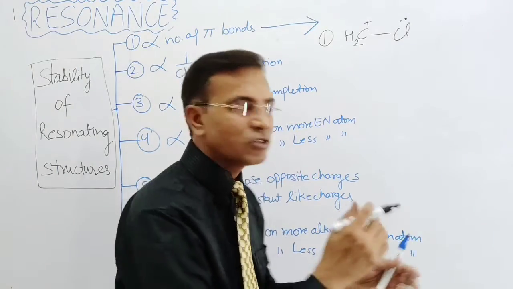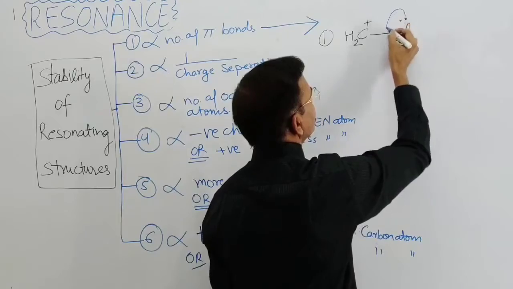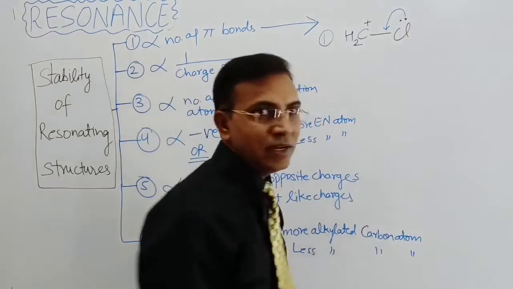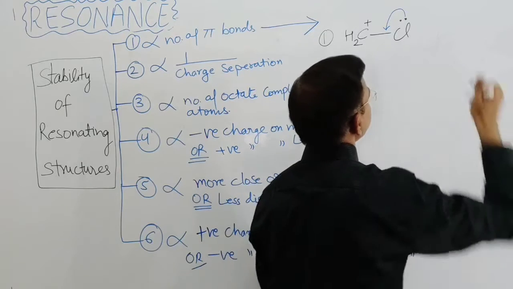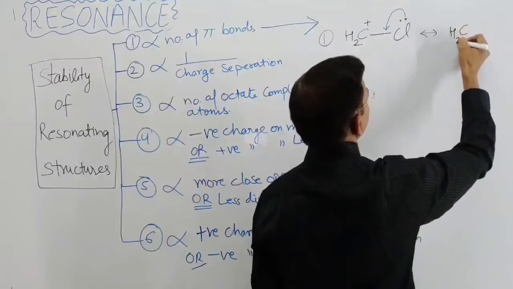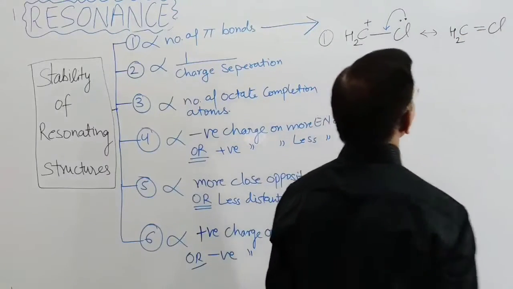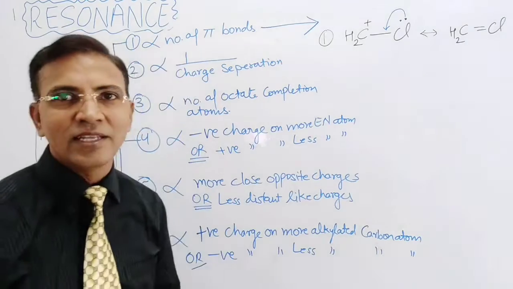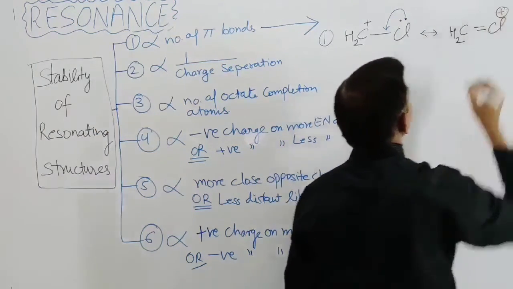So delocalization of pi electrons takes place. Now the second resonating structure is CH2 double bond Cl, positive.